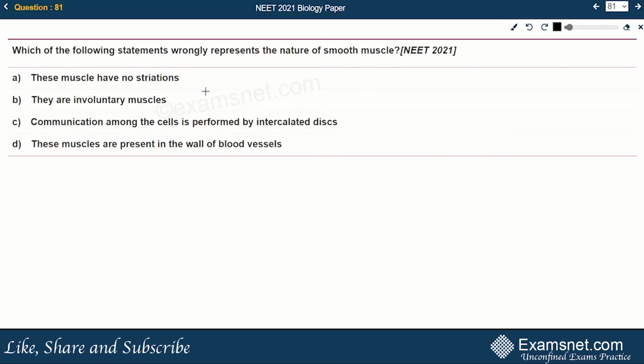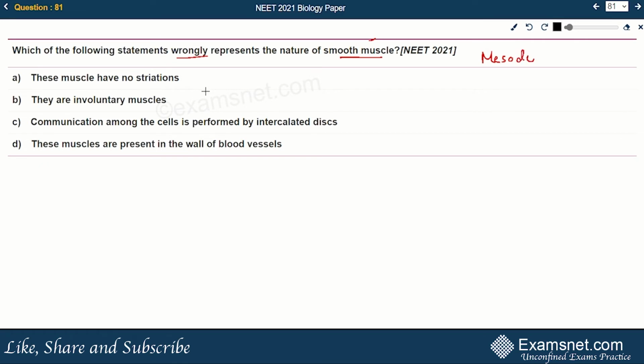The next question is from the chapter Locomotion and Movement, class 11, and the question is, which of the following statements wrongly represents the nature of smooth muscle? That means which of the given options is not the characteristic of smooth muscle. So let's first understand what a muscle is. Muscle is a specialized tissue of mesodermal origin, right?